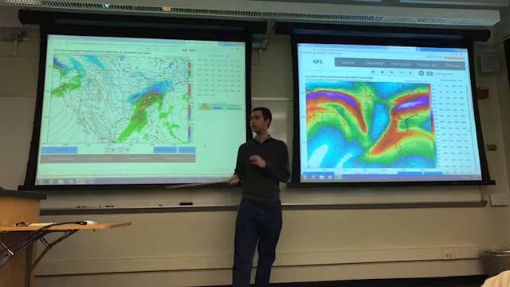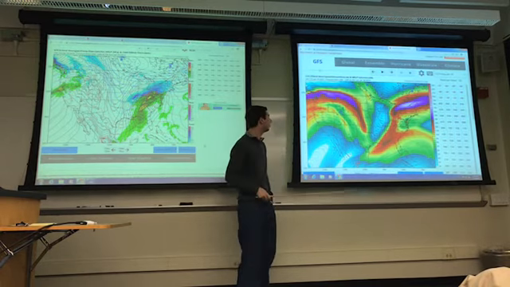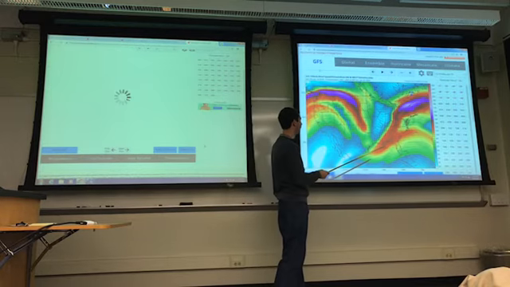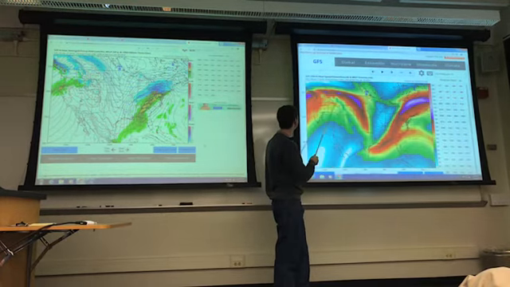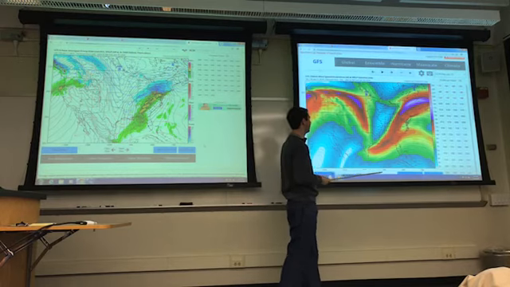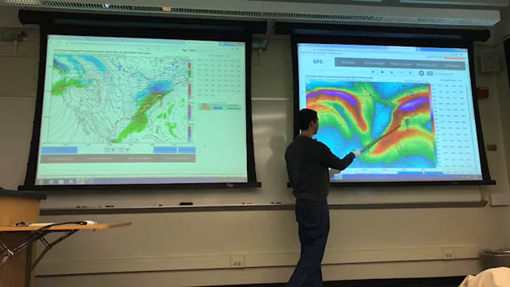So if you go to a model trend loop and just go back a few runs on the GFS, you'll notice some changes since 18Z yesterday. So this is from 18Z yesterday, and we just compare the couple from yesterday versus the one today.